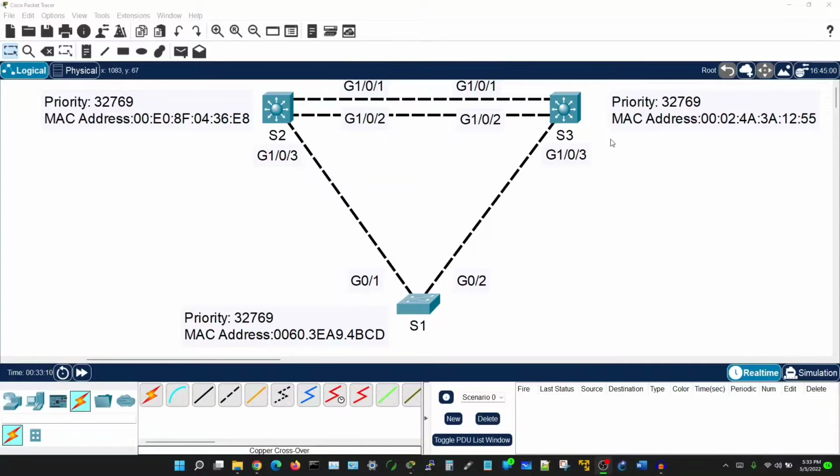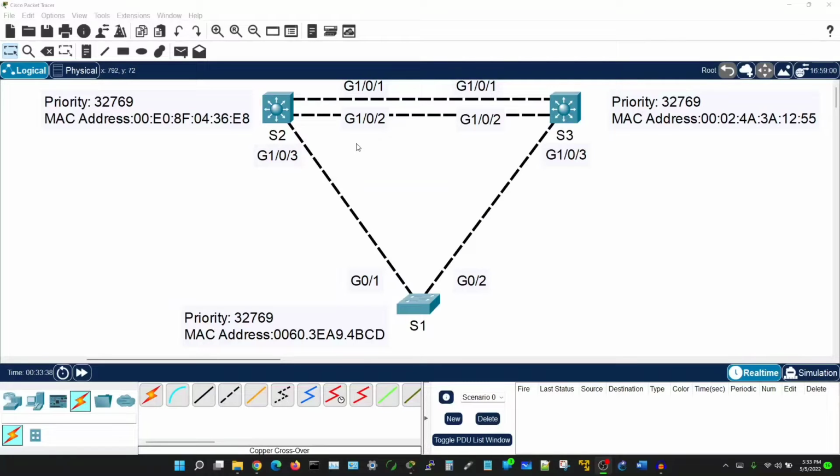So by looking at this, we can see that each switch has a priority value that is the same. So all switches have the same priority value. As we mentioned before, if that's the case, then spanning tree will take the MAC address to break the tie.